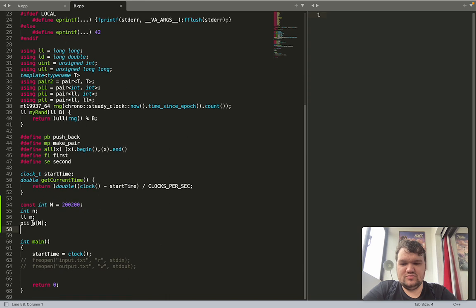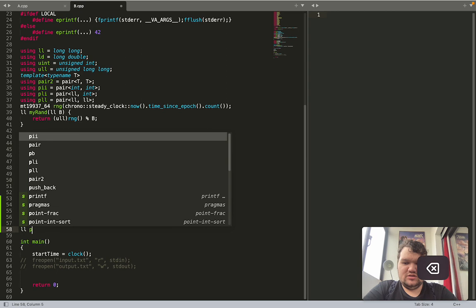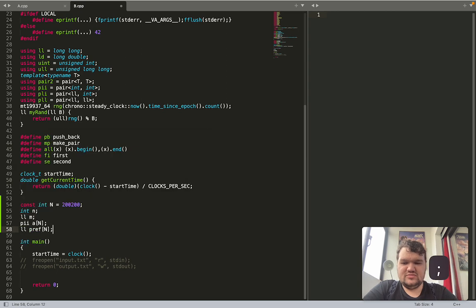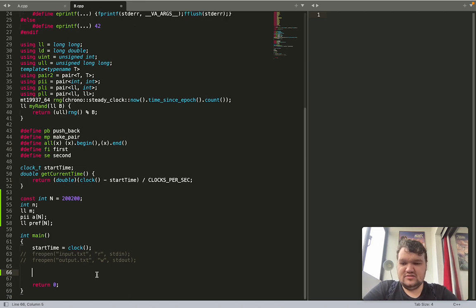So our problems will be pairs, but not of A and B, but of A plus B and A. Then we will sort them, and then we will iterate over the last chosen problem, and we will have prefix sums for A plus B to quickly find what is the sum on the prefix we can choose here.